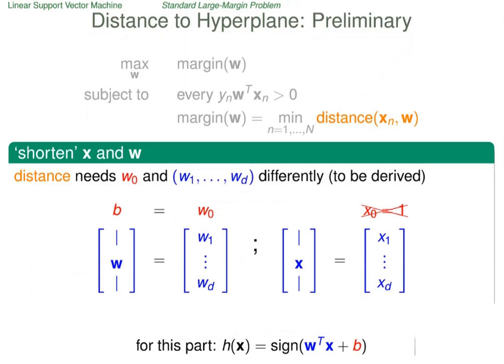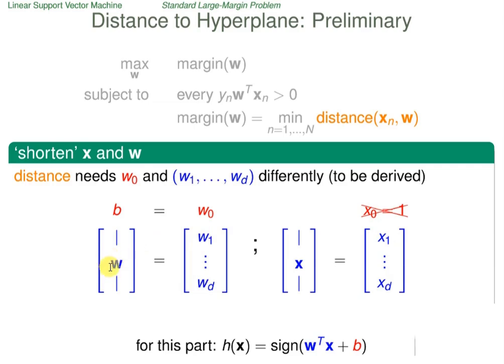Before we proceed with the mathematical formulation of the margin, let's fix a convention that we will use in the remaining parts of the lectures. First, we explicitly split the weight vector as follows. The bias weight, which was equal to W0, is taken out. And then the rest of the weights that range from W1 to WD remain as weight.